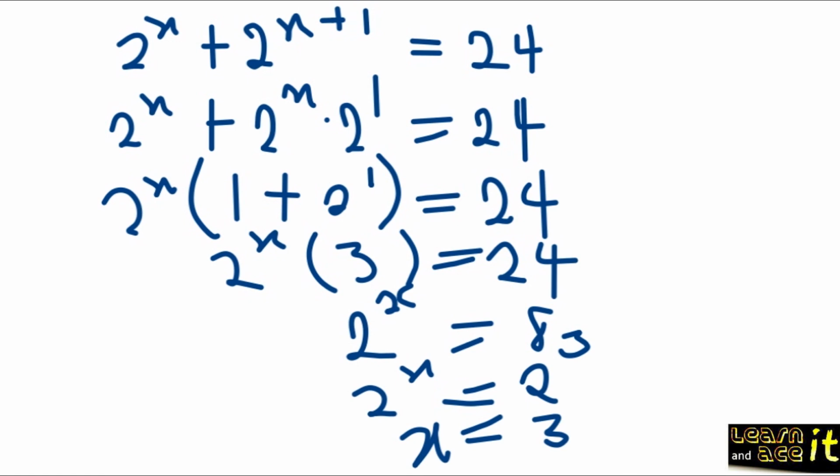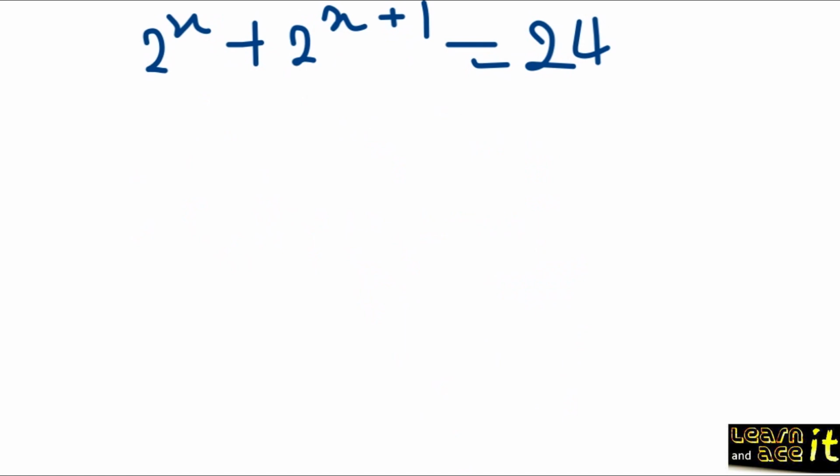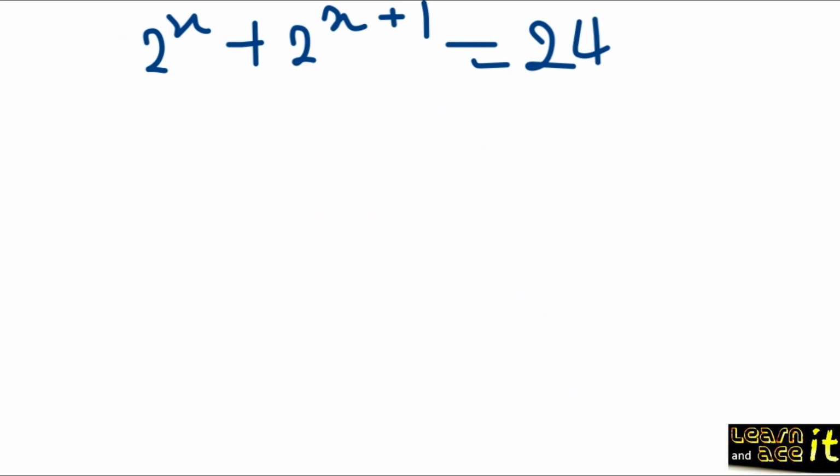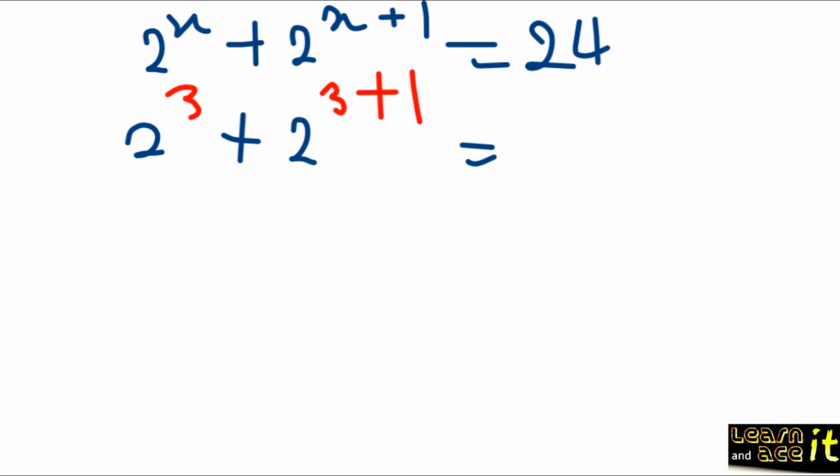Sure, why not? So our original equation was 2 to the power of x plus 2 to the power of x plus 1 equal to 24. So what I'm going to do, I'm going to substitute x with 3 that we found in the previous calculation. So that will give us 2 to the power of 3 plus 2 to the power of 3 plus 1 equal to 24.